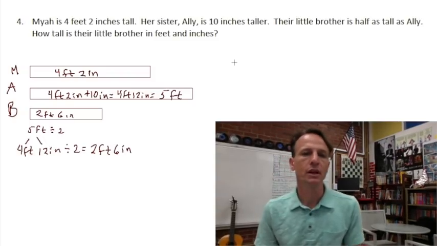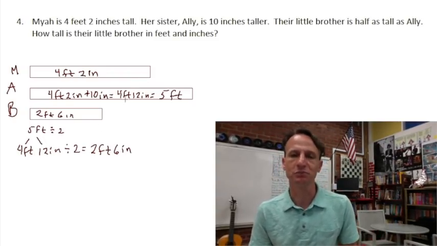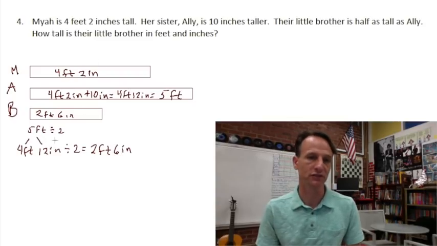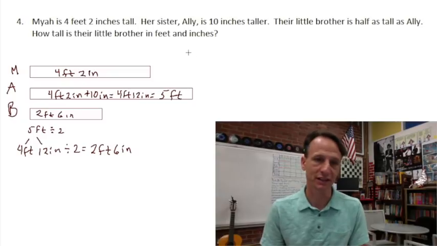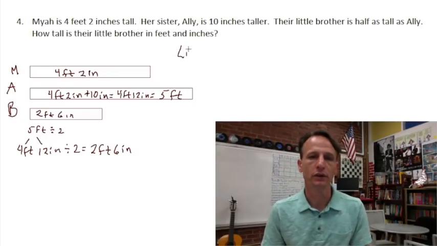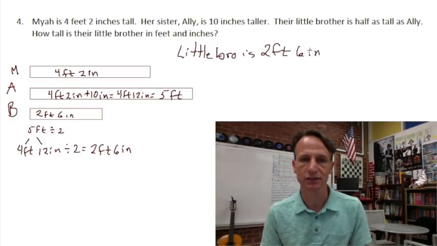All right, oh gosh, look, we just answered the question. I didn't even realize it. How tall is their little brother in feet and inches? We just did it. We did all the math. Okay, hey, little bro is 2 feet 6 inches tall.